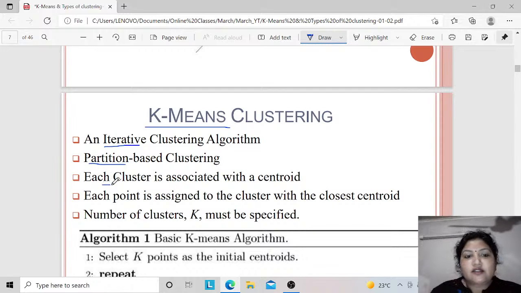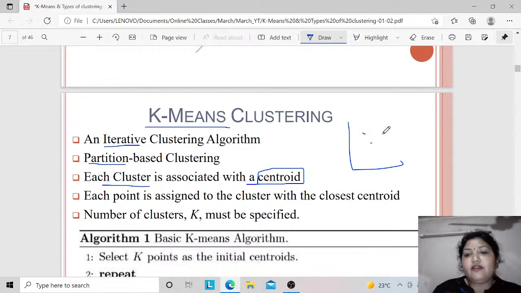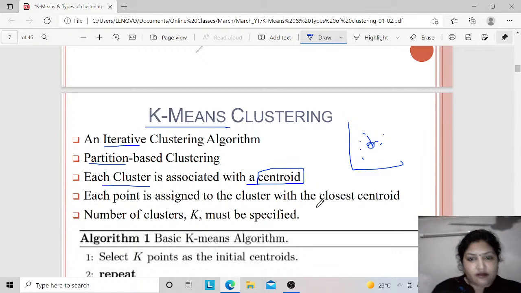Each cluster is associated with a centroid. In k-means, we initialize one of the data points as the centroid, and then we calculate the distance from this particular centroid using the Euclidean distance method, right? Each point is assigned to the cluster with the closest centroid.